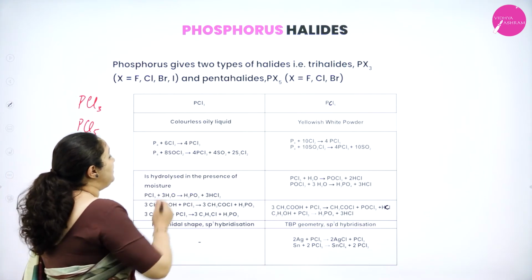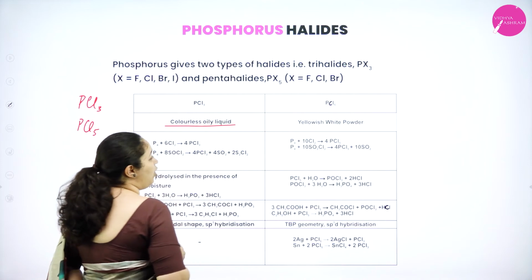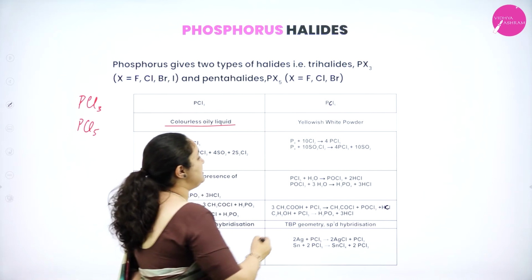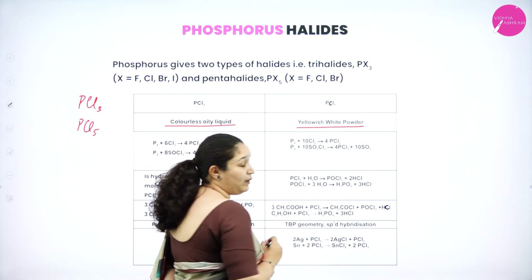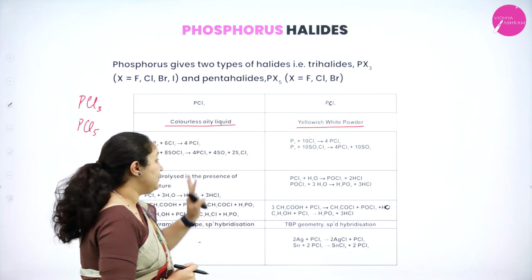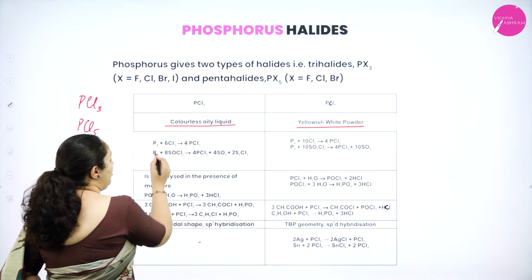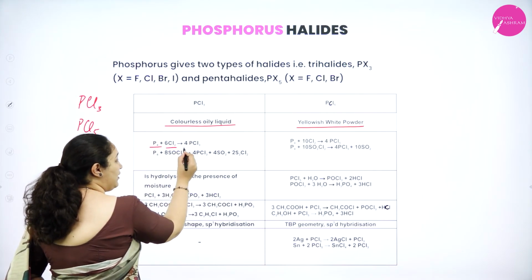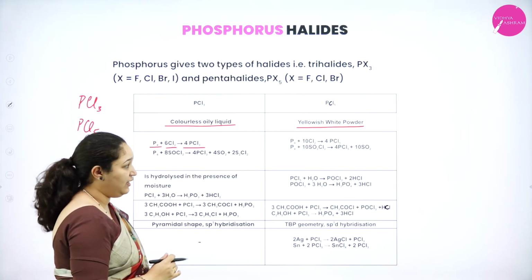Okay, so PCl3 is a colorless oily liquid, whereas PCl5 is a yellowish white powder. So one is a liquid, one is a solid. Okay, next, how is it prepared? Phosphorus, when it is treated with limited amount of chlorine, you can get PCl3.